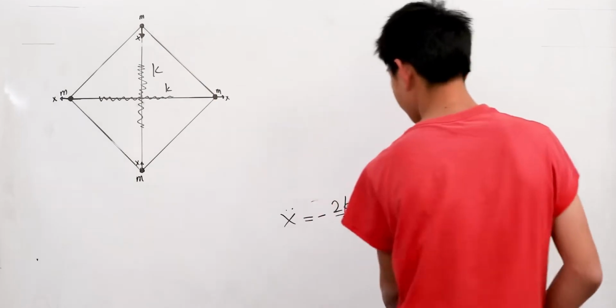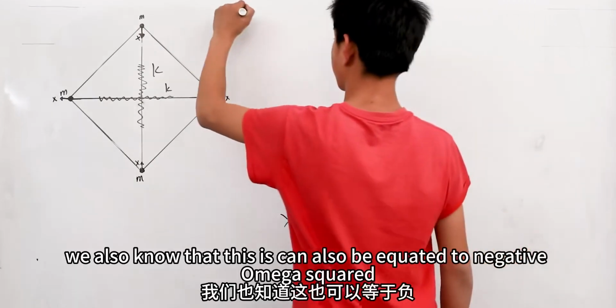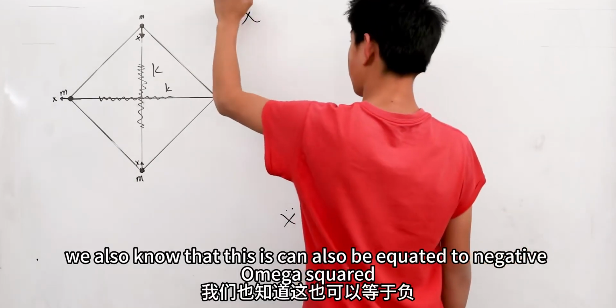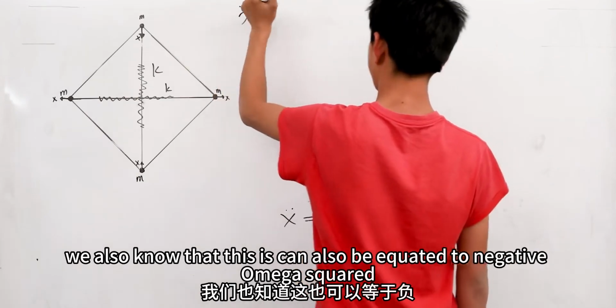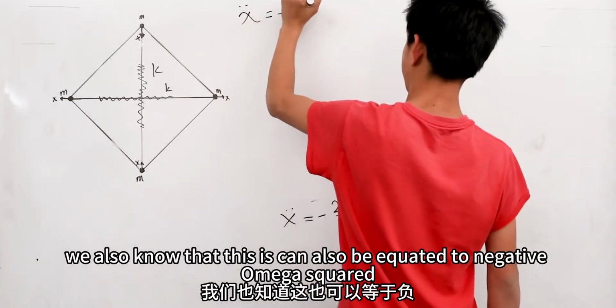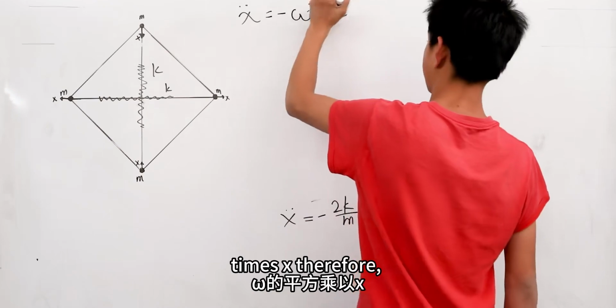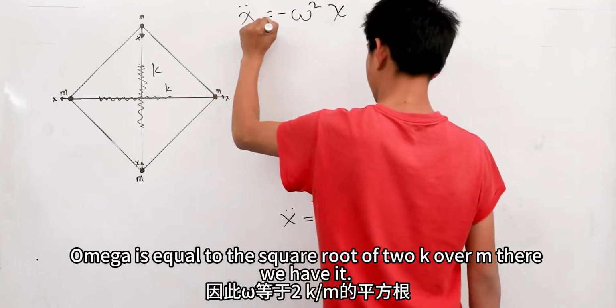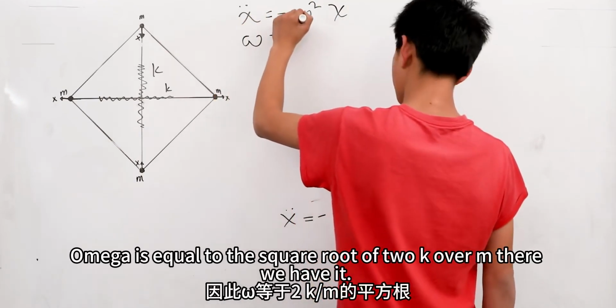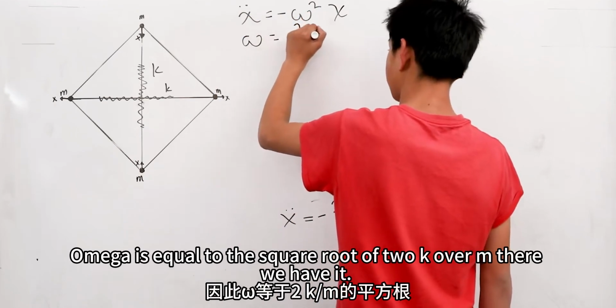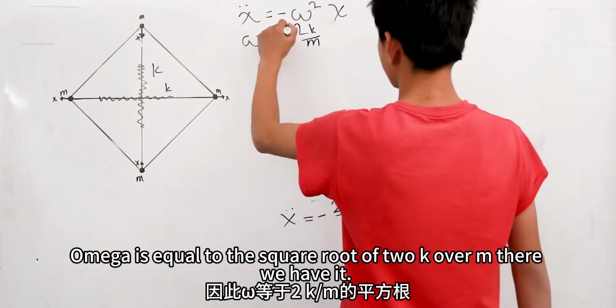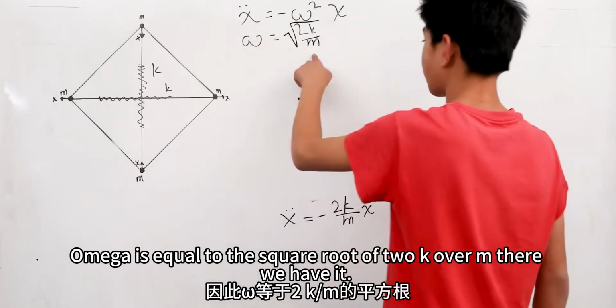So if this is true, we also know that this can also be equated to negative omega squared times x. Therefore, omega is equal to the square root of 2k over m. And there we have it.